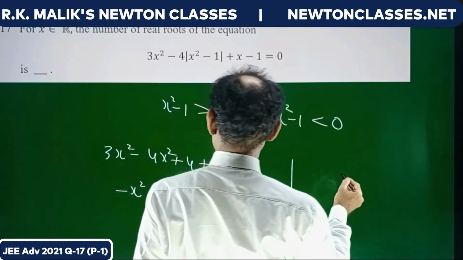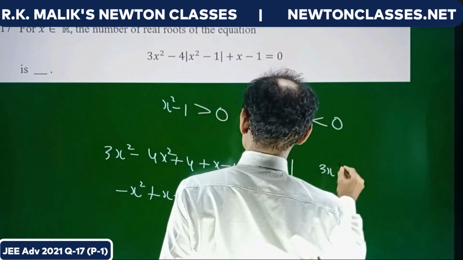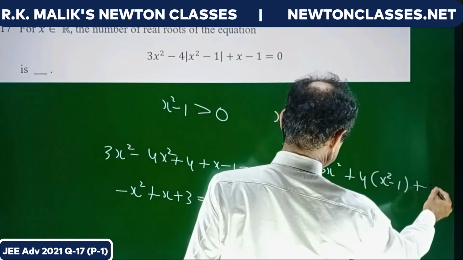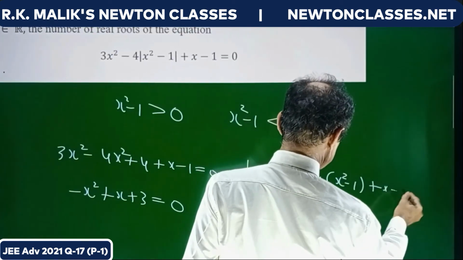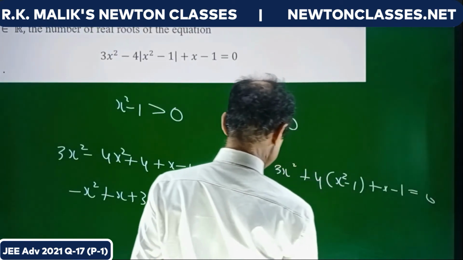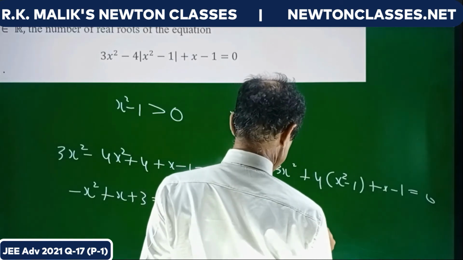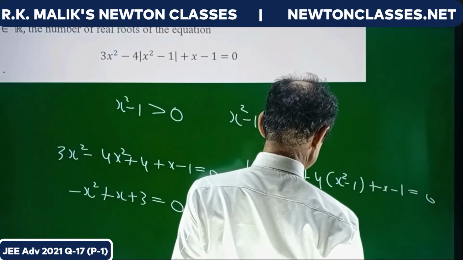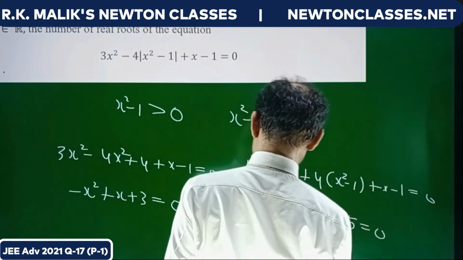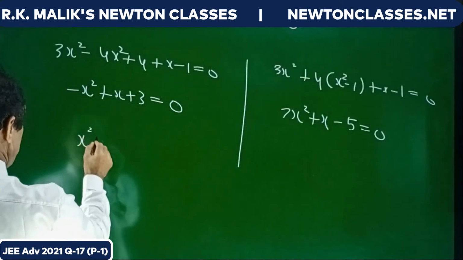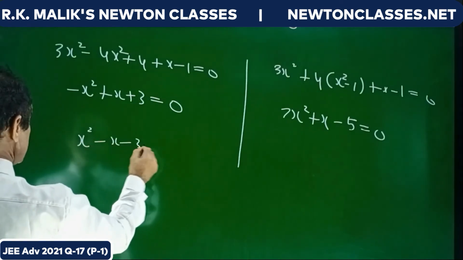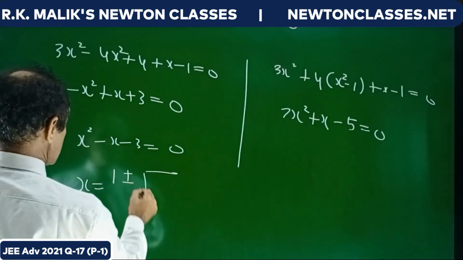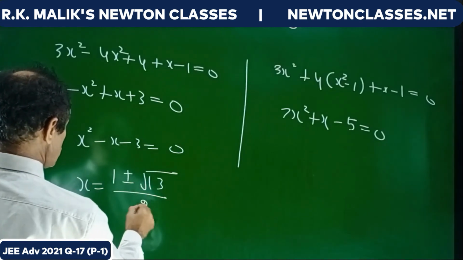And for this case, that is x square minus x minus 3 equal to 0. That is x equal to 1 plus minus under root 13 by 2.